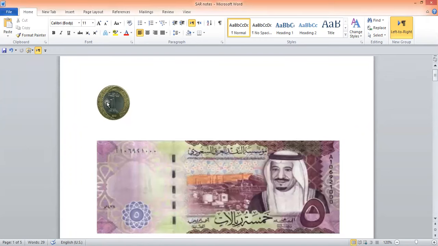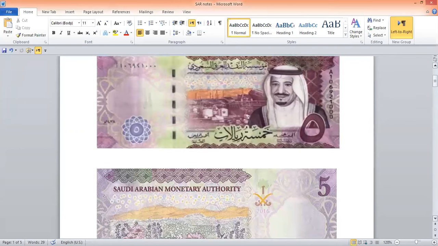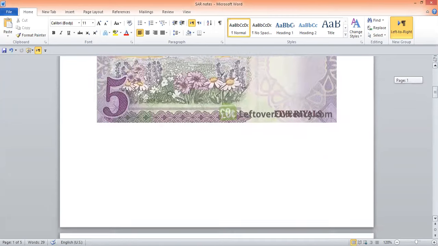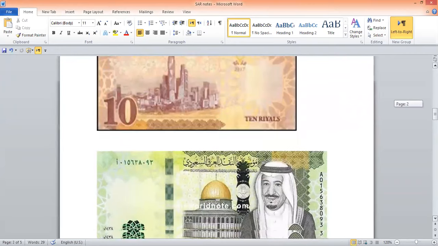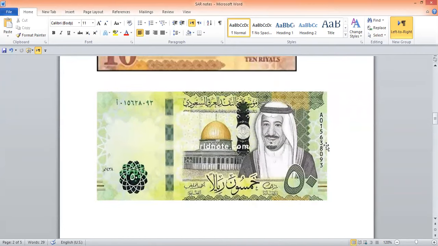Okay, let's revise. This is the coin of 1 real. We have a 1 real currency note also in Saudi Arabia, and this is a currency note of 5 real. This is its front side and this is its back side, and it is a currency note of 10 real. This is its front side and this is its back side, and this is a currency note of 50 real.